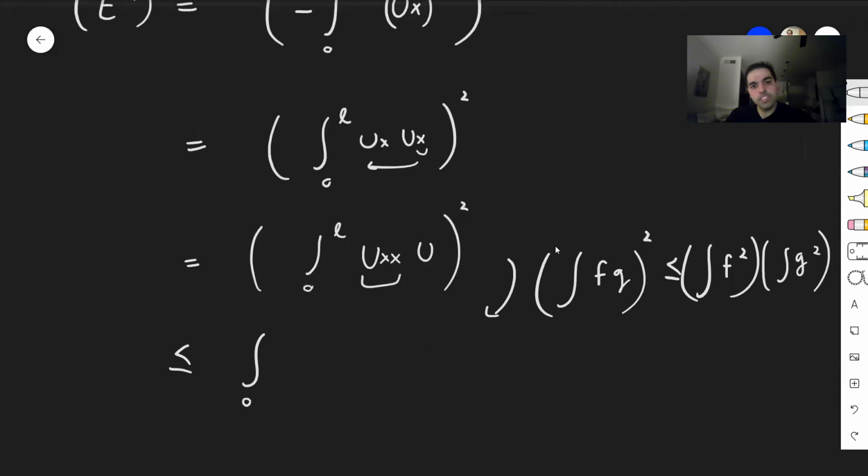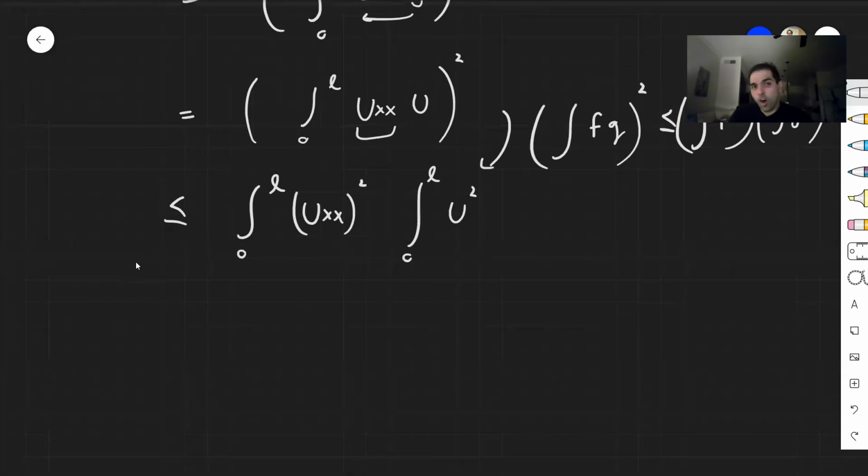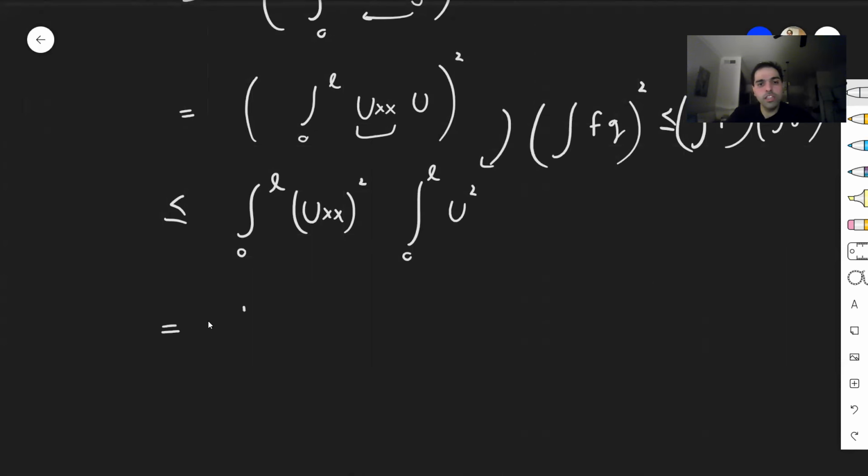So this becomes the integral from 0 to L of u_xx squared times the integral from 0 to L of u squared. And this is almost E times E double prime. The only thing is we need to multiply this by 1/2 and divide this by 1/2, so multiply by 2.